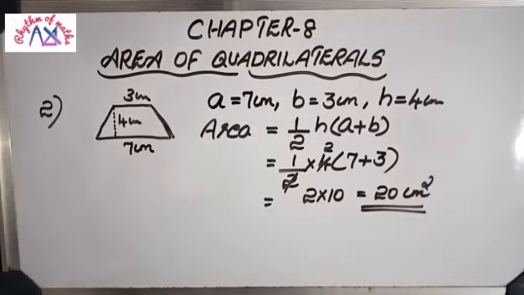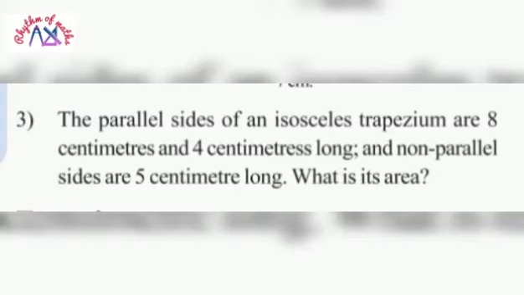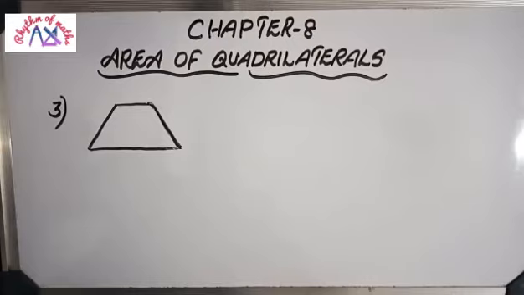Now let's do third question. Next question number 3. The parallel sides of an isosceles trapezium are 8 cm and 4 cm long, and the non-parallel sides are 5 cm long. What is its area? Here in the third question, figure is not given. We have to draw a rough figure. So in the question it is given that it is an isosceles trapezium.